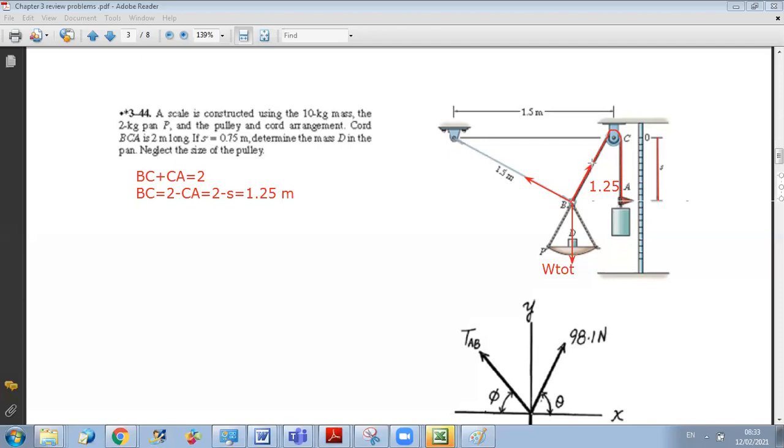Let us call them T1 and T2. Now, if you want to solve, it's clear that B is the point of interest. So I want to project T1 and T2 on X and Y. This is why I need angles, okay?